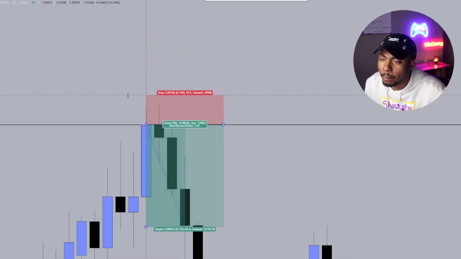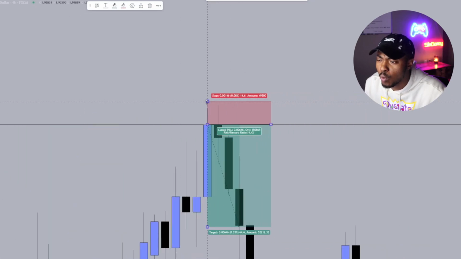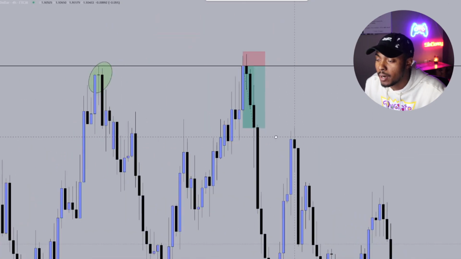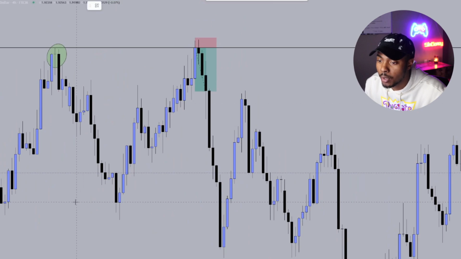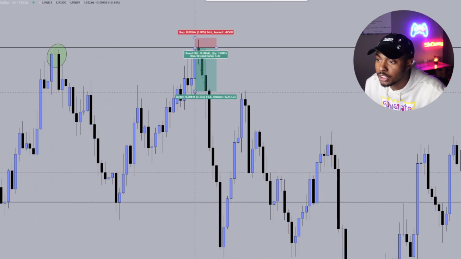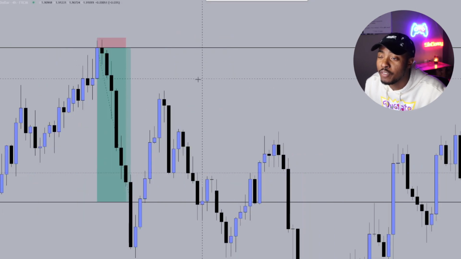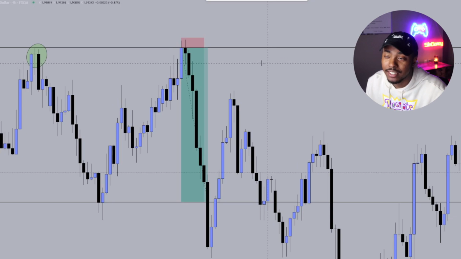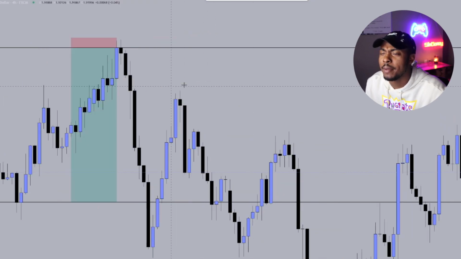The plus is that you can have a very tiny stop loss right above the candle, which will give you maximum risk to reward. What would have been your next target? Your target would have been down here, and then you would have took this trade all the way down here. As you can see, it completely dumped down and gave you a 15-to-1 risk to reward, which is absolutely insane. Absolutely insane.